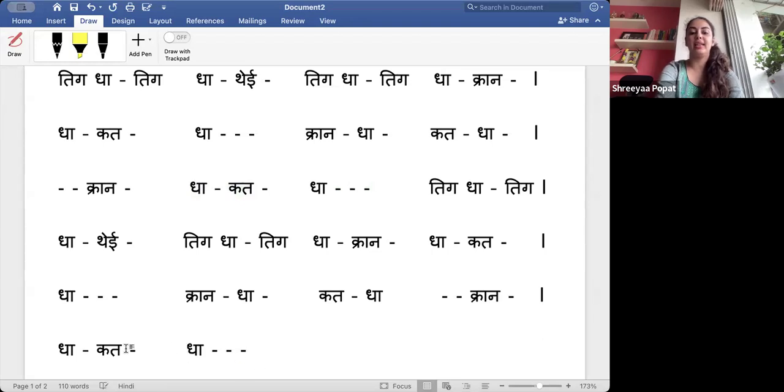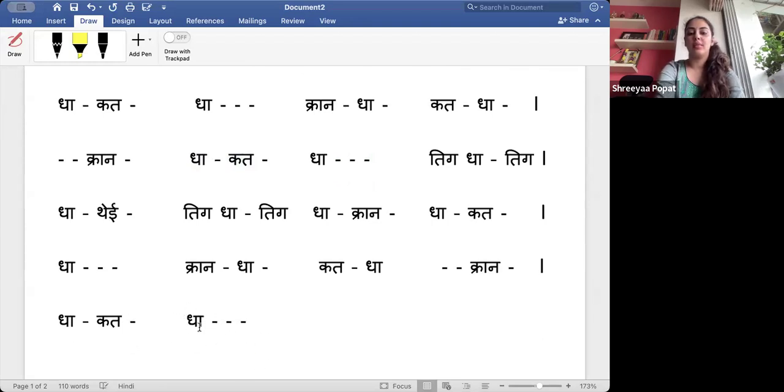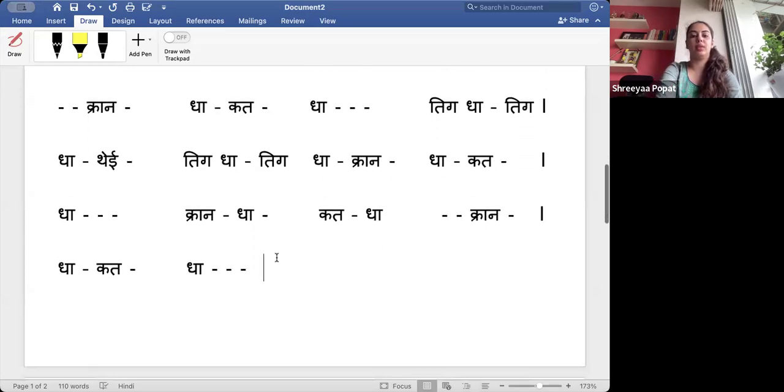The second palla will end like this. Here, dha, on column number 2. And that is your 6th beat of the tal. And from the 7th beat, again you repeat the whole thing.